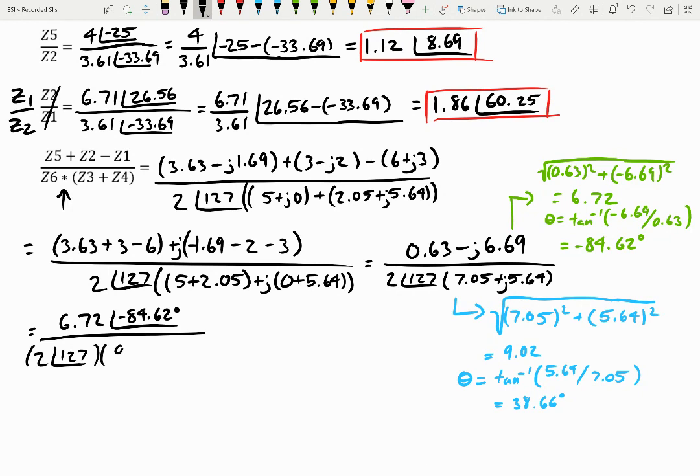And we'll get 9.02 at 38.66 degrees. Okay, so now let's go ahead and multiply these two together.